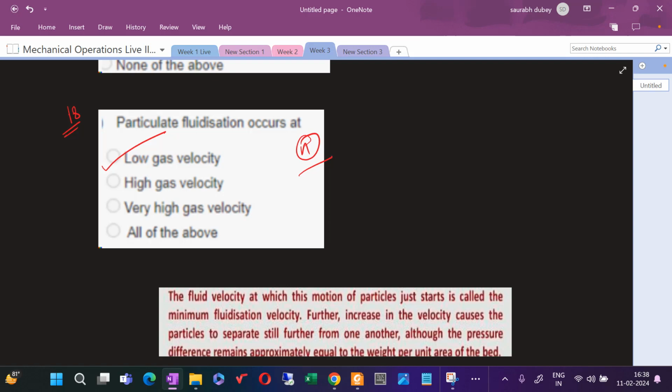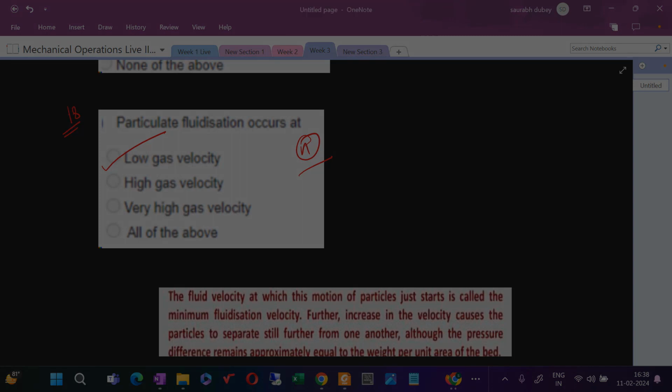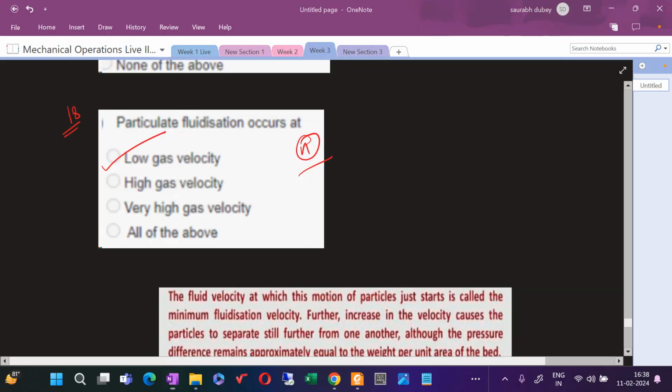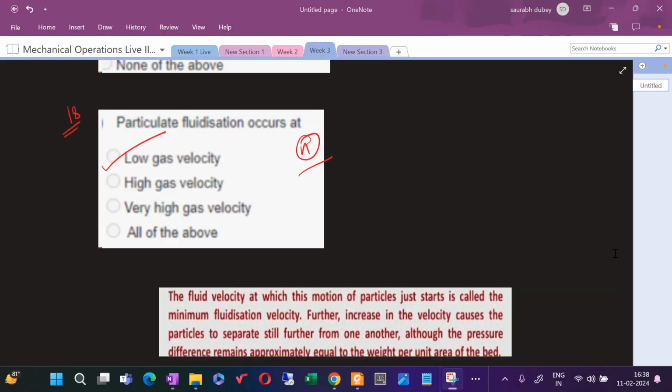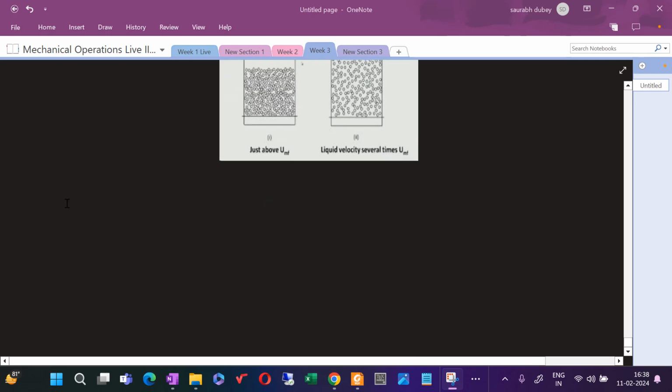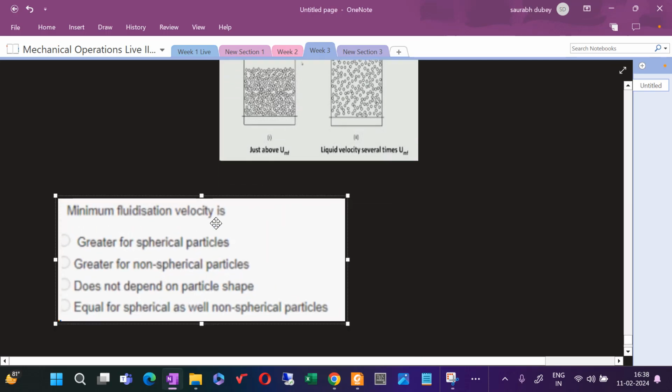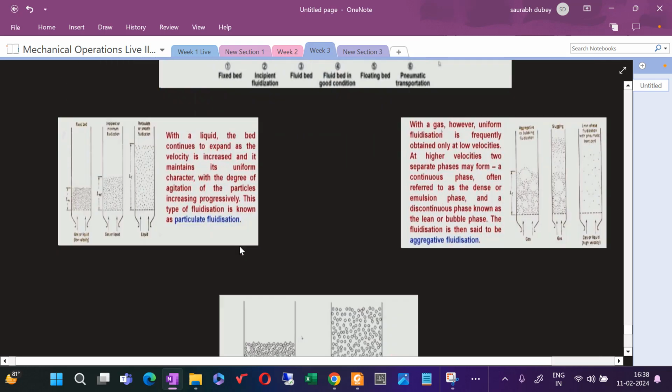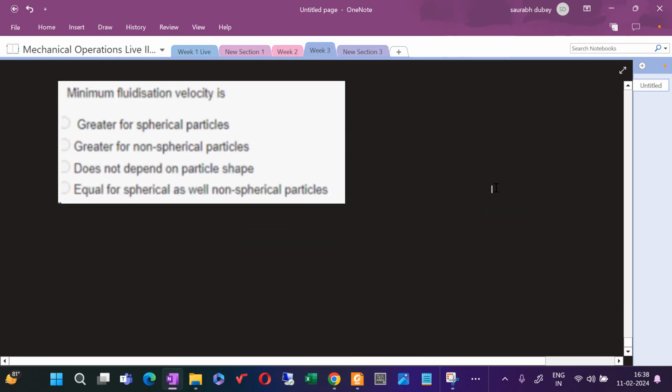Which of the following is correct for minimum fluidization velocity?